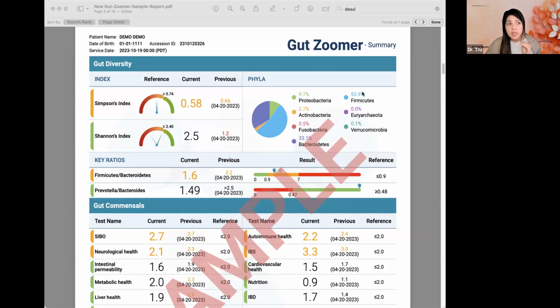The next group that you want to pay attention to is the Firmicutes. Firmicutes are mainly the Clostridia, Bacilli, and Negativicutes. They're mostly considered bad bacteria. Not all bacteria in this group are bad, but the majority of them are.